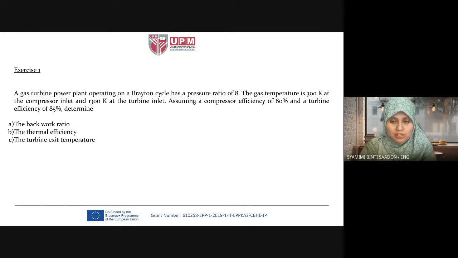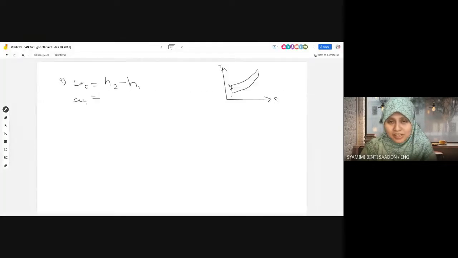In the compressor device, there is no heat exchange, no heat transfer, no kinetic energy, no potential energy.